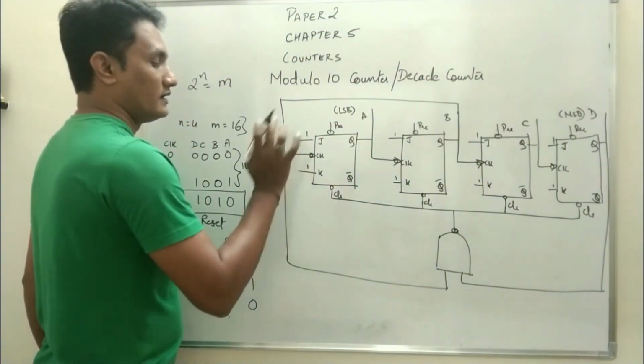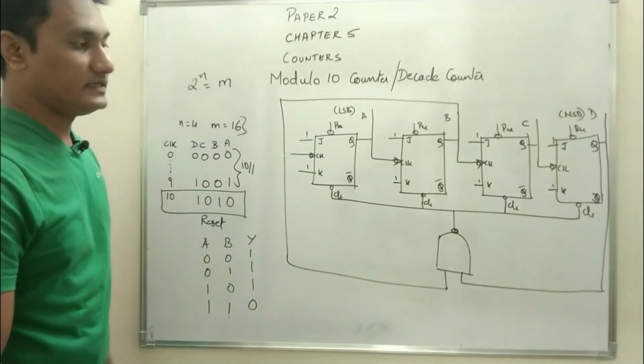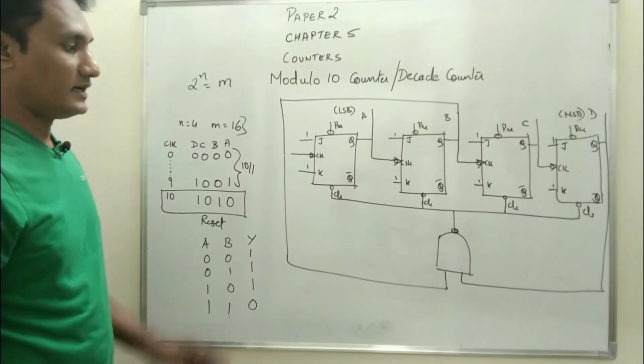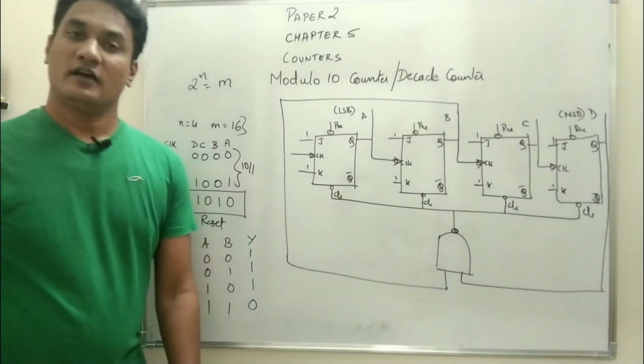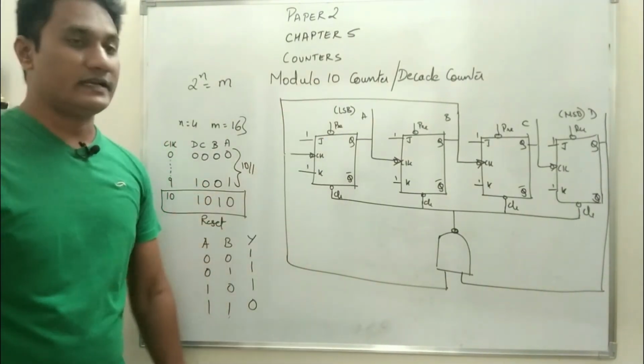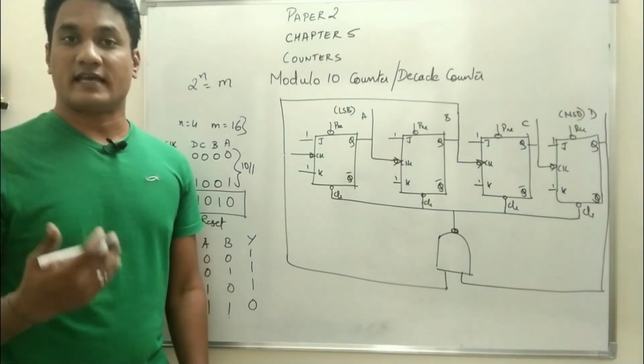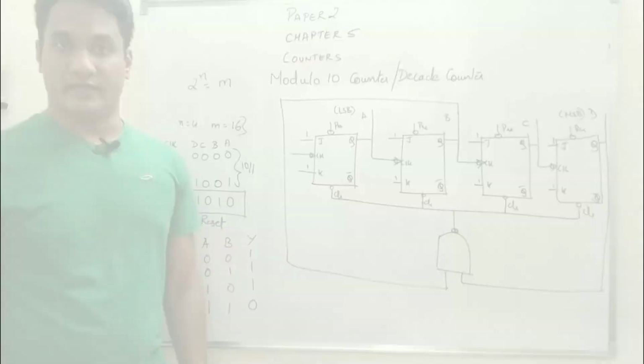So this is the condition. D is one input and B is the other input. So this is the circuit diagram for the modulo 10 counter.